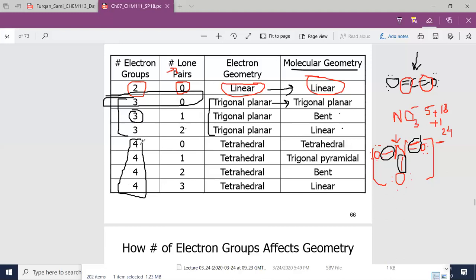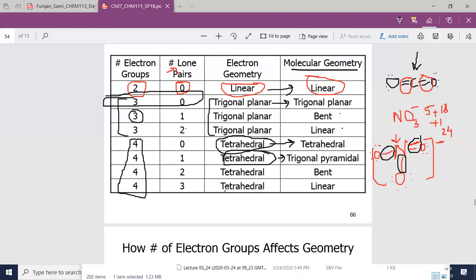When all four electron groups were shared pairs, with zero lone pairs, then the electron geometry is tetrahedral, and you already know when it's zero, then electron geometry is actually the molecular geometry as well. But when we have four total electron groups and one lone pair, in the case of ammonia, then electron geometry remains the same because you have four electron groups in total, but one lone pair out of four is going to make it trigonal pyramidal.